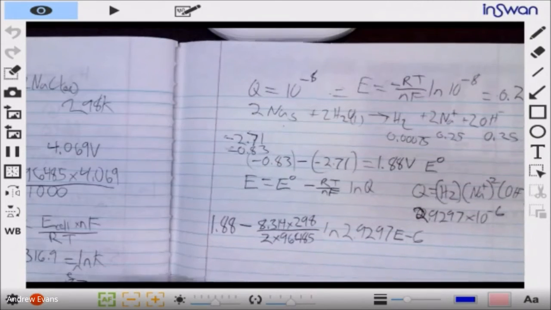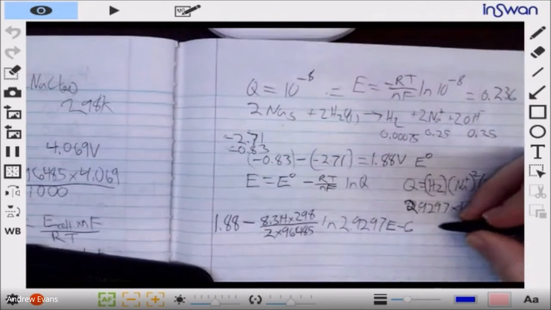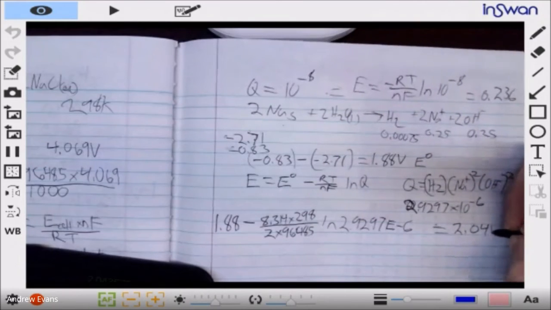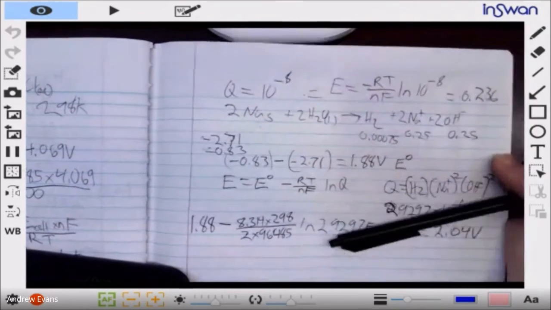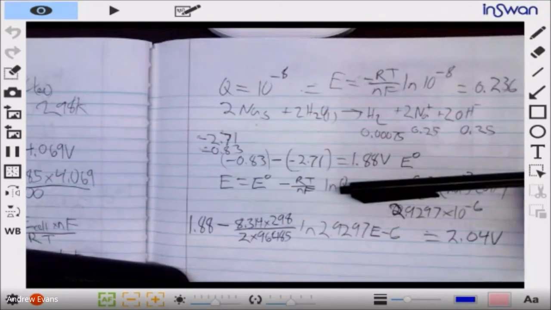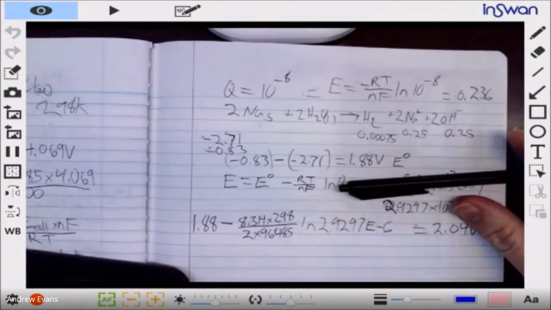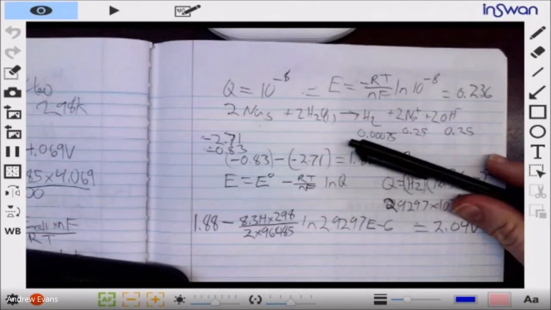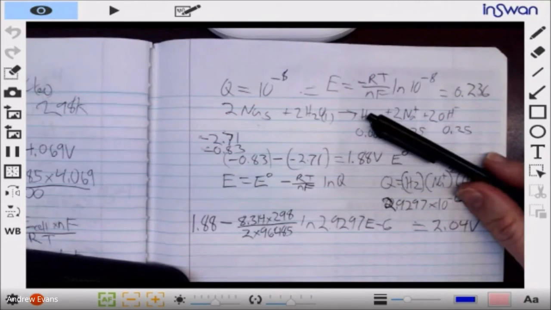By doing this, your voltage goes up to 2.04 volts. Your voltage is increased by a small amount. Not a humongous amount, but it is a jump of 0.16 volts.